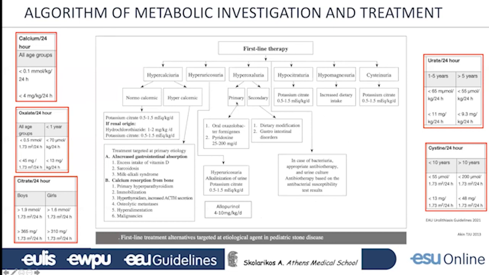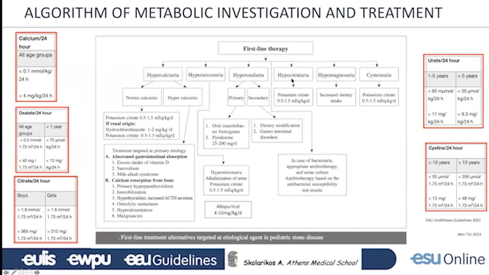For hyperoxaluria, primary hyperoxaluria, oral Oxalobacter formigens, but we need to discuss this, and pyridoxine, which is the treatment of choice, 25 milligrams per day to 200 milligrams per day. If it is secondary, dietary, then dietary modification and correction of gastrointestinal disorders is the case.